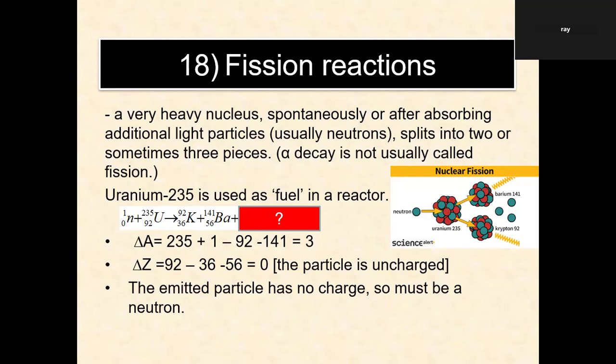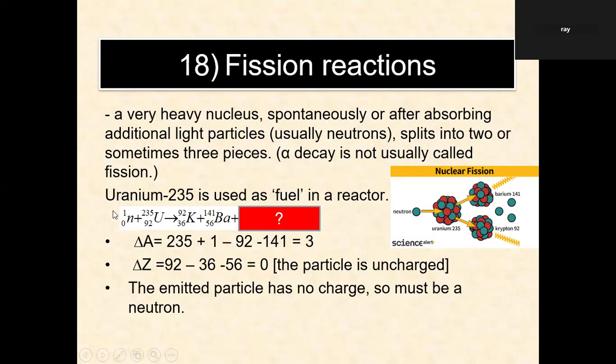Alpha decay is not called fission, but fission has a very distinctive feature. A heavy nucleus breaks down into two smaller, lighter elements and produces other particles, usually neutrons.